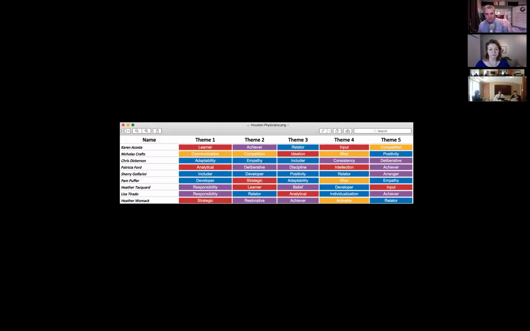What you have here is somebody's pathway to get there and another person's pathway to get there. These are all different pathways that could be used to get to the outcome.